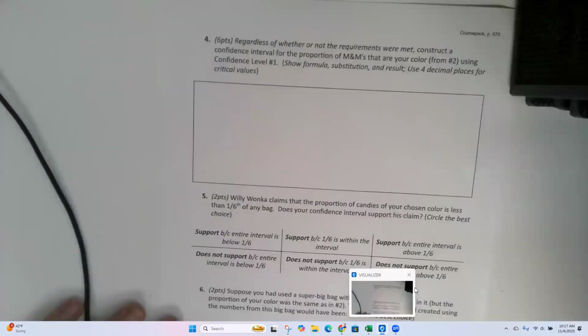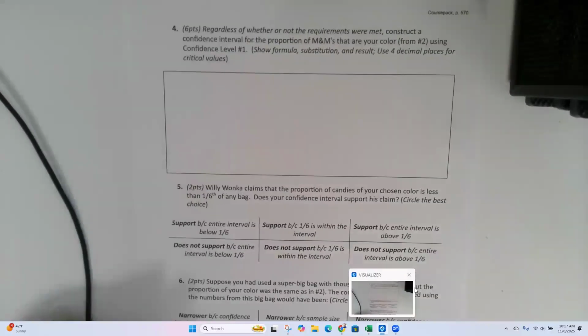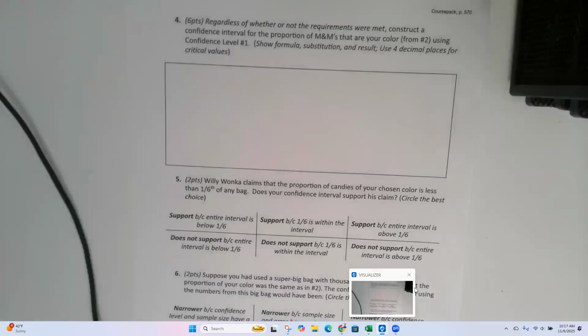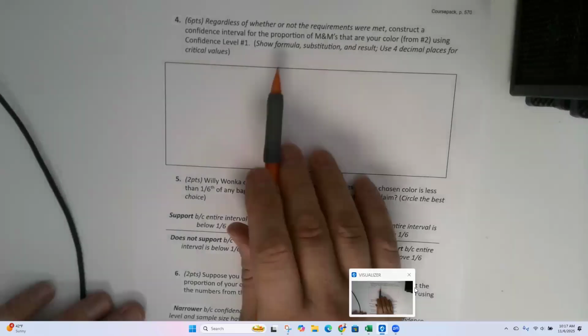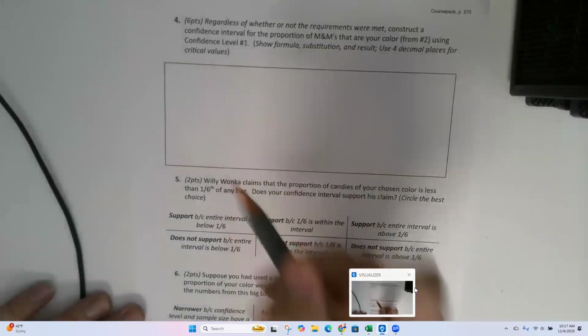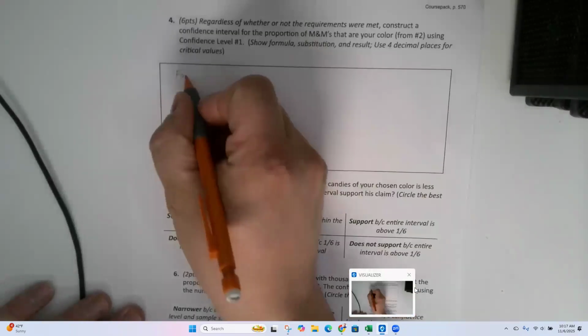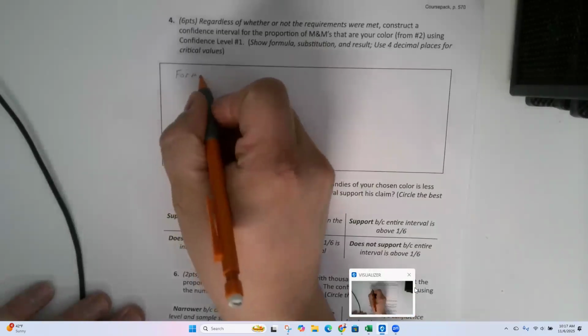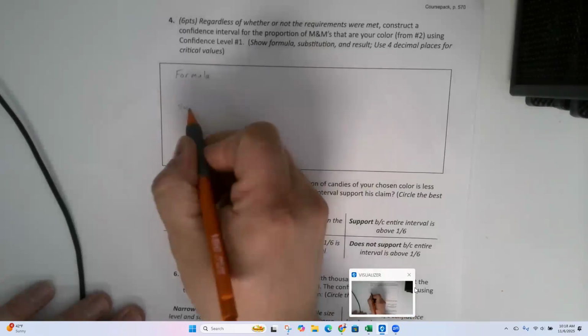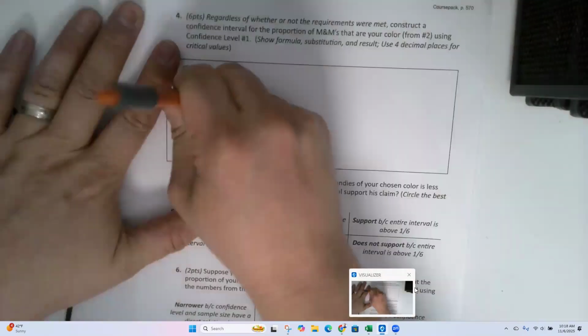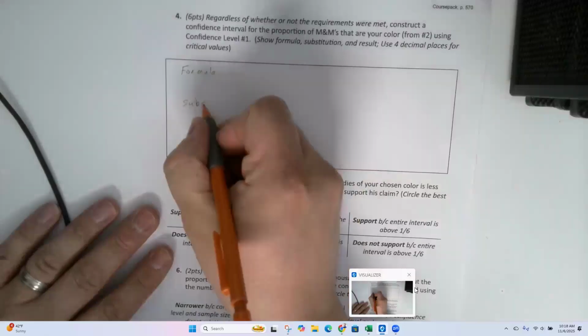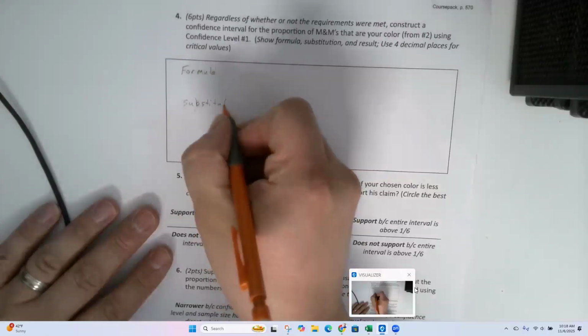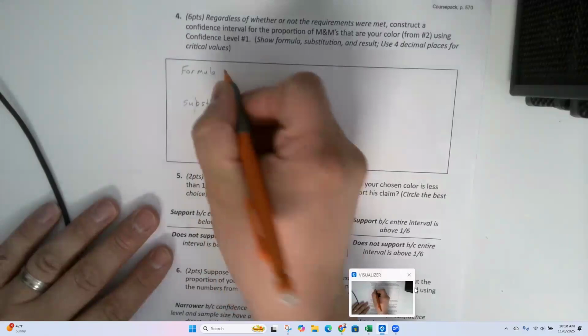You're going to have a different one based on what random number you pulled. All right, so we need to show the formula, the substitution, and the result.